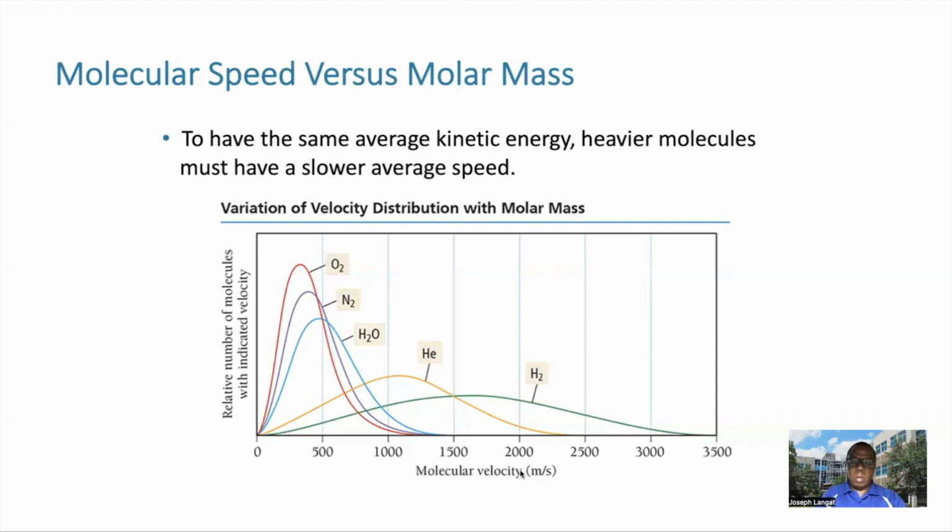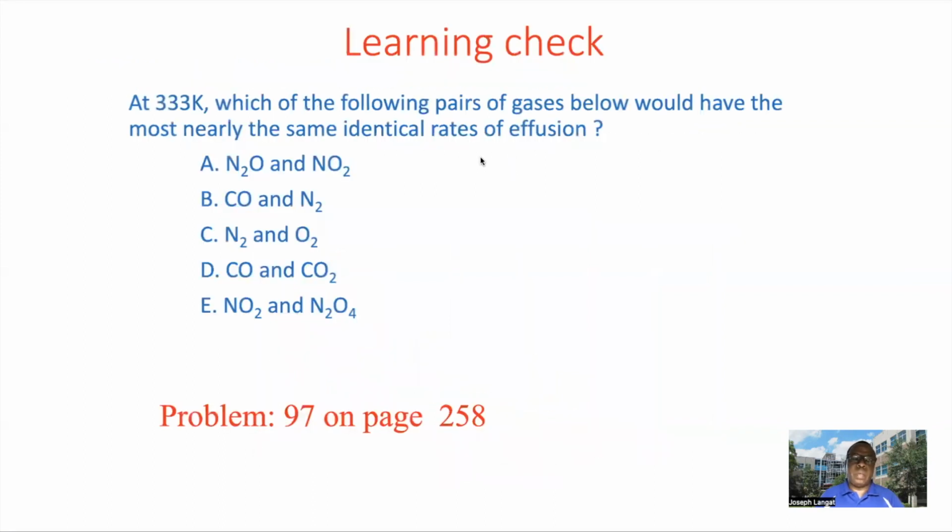Molecular velocity is the same as the speed, and heavier molecules will move at a slower pace compared to lighter ones so that they can have the same average kinetic energy. I will not ask you to calculate the kinetic energy, but it's a conceptual question, such as arranging according to increase in velocity. This is low, this is high, because of the average kinetic energy.